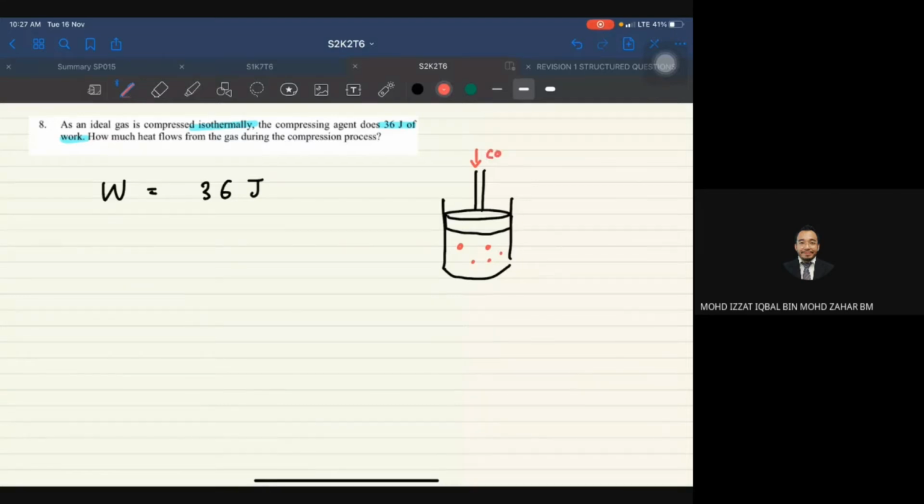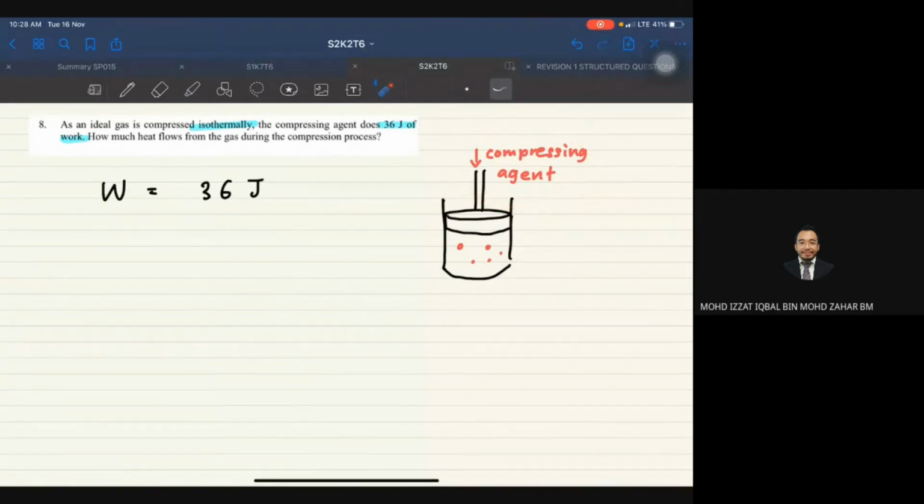Okay, it could be another types of gas tapi maksud dia ada satu agent, ada satu benda yang compresskan gas ni. This is the system. So somebody is compressing the system. So this somebody we call as compressing agent. Okay, it could be gas, it could be a piston, it could be anything lah. So benda ni yang buat kerja.